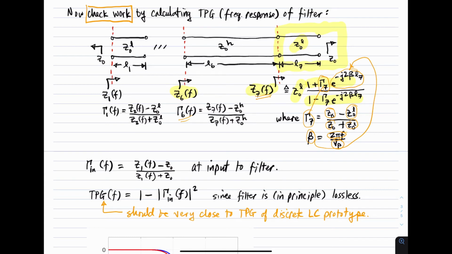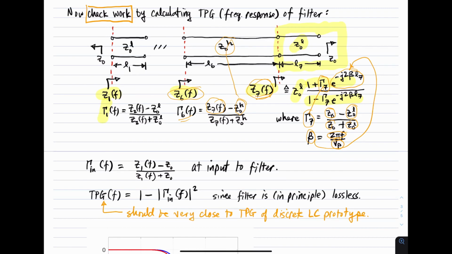It's a function of frequency because the impedance that we're going to is Z sub 7, the thing we computed here, and the characteristic impedance we're coming from is Z0 H, which is this characteristic impedance. So the expression is the same, beta is the same. We now have a value for that input impedance, which is frequency dependent. And now we just iterate this for each new segment moving from right to left. So when we get to the first segment, that's Z1, which is a function of frequency.